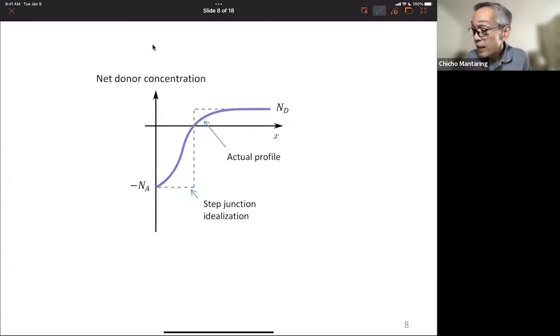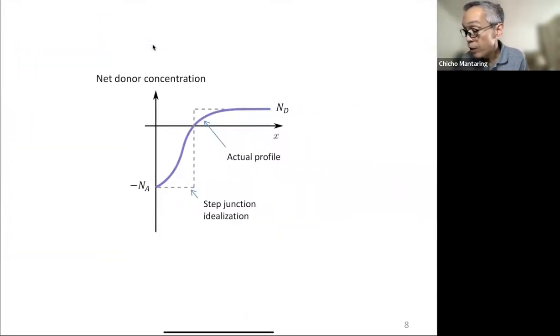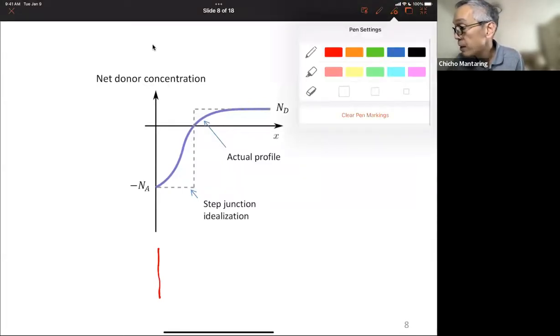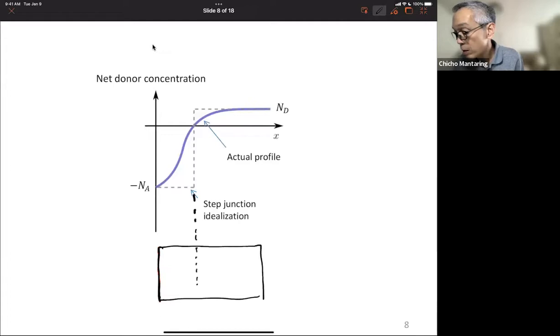If I take a look, oh, this happens. The left side is going to end up being p-type, and the right side is going to end up being n-type.